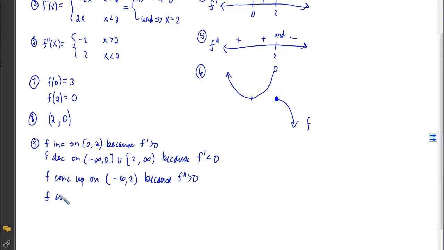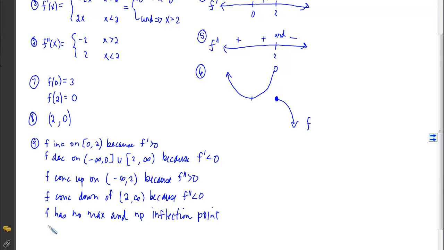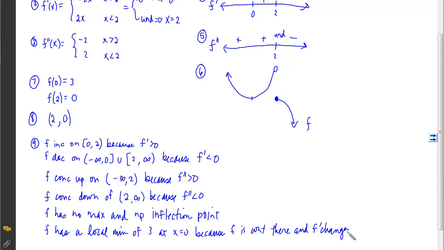And we can say f is concave down on the interval from 2 to infinity because f double prime is negative. And as far as the extrema and inflection points, we can say f has no max and no inflection point, but we can say that f has a local min of 3 at x equals 0 because f is continuous there and f prime changes from negative to positive.